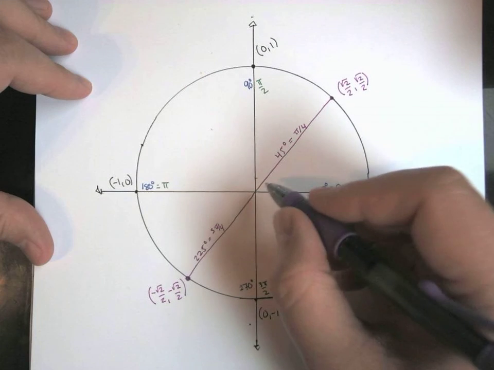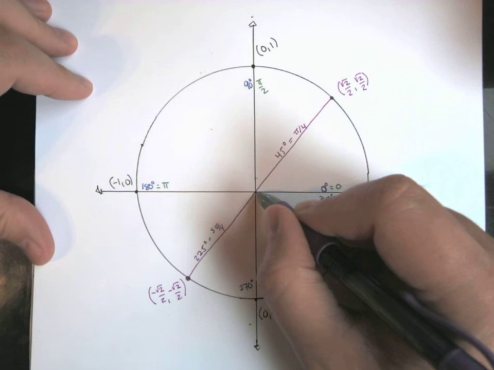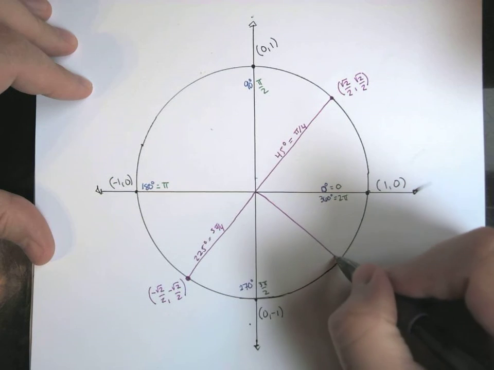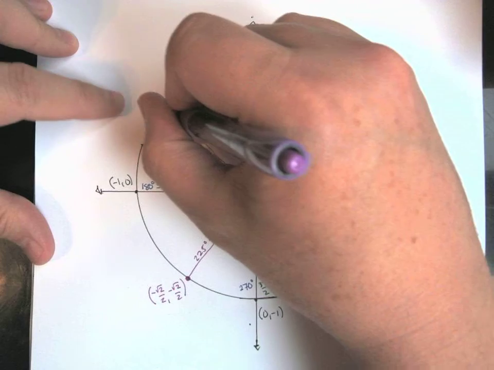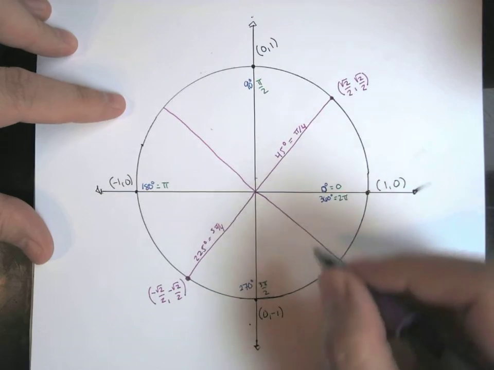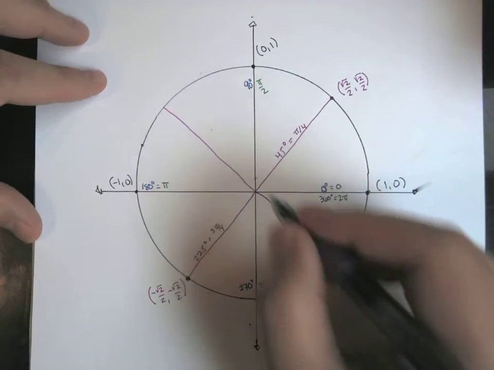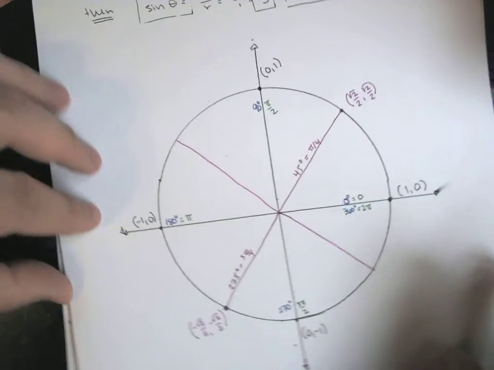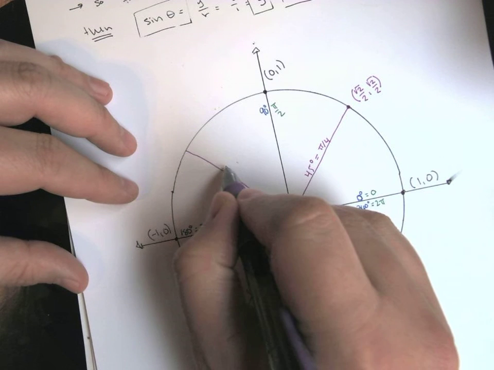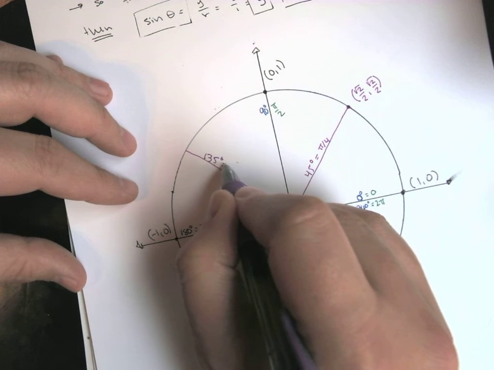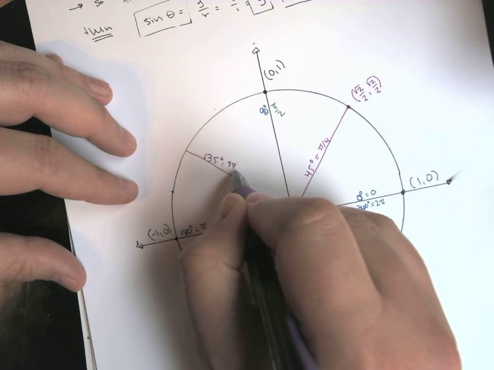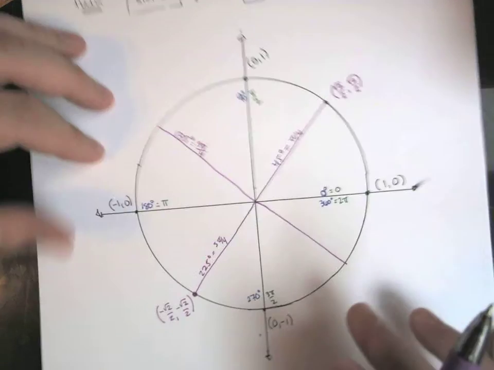If I do versions of 45 in quadrant 4, or up here in quadrant 2, I need to shift this just a little bit to draw on it. So this would be 135 degrees, 3 pi over 4.